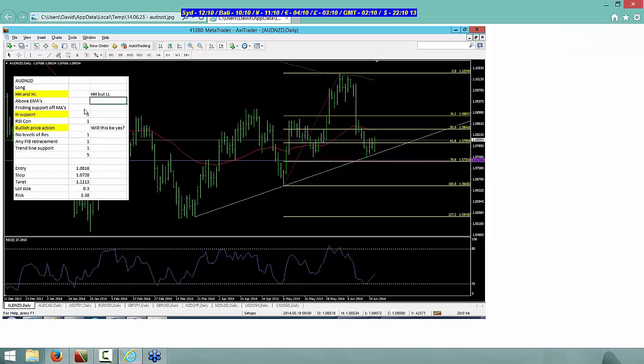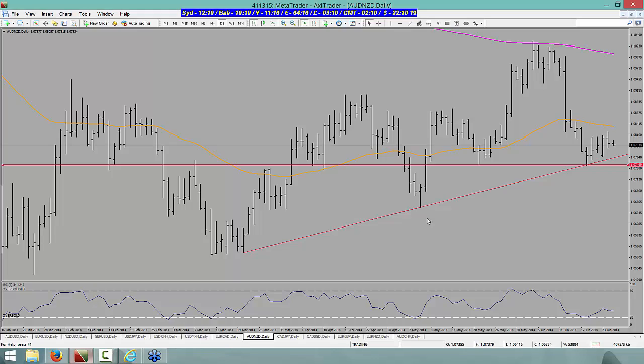So, horizontal support, bullish price action. This would be, yes, after this bar here. It's a seller bar, almost an inside bar, but it's a high, low, and that's certainly a bullish bar. So you could have been going in yesterday after Monday's bar, placing the order and looking at it at that point in time and taking the trade in.